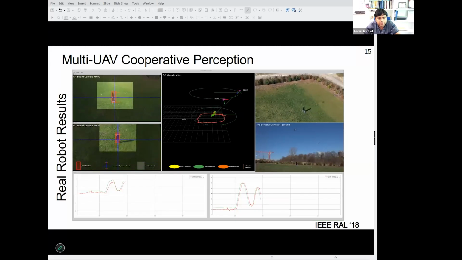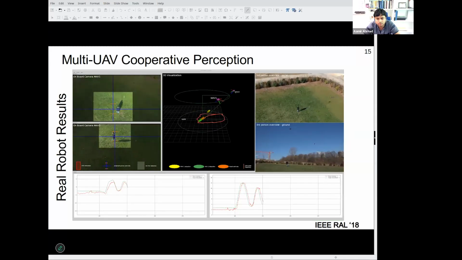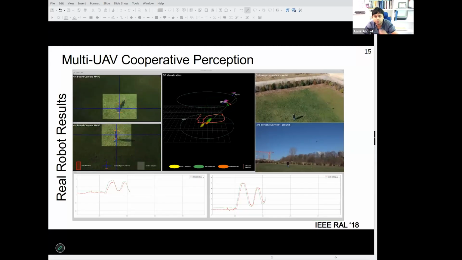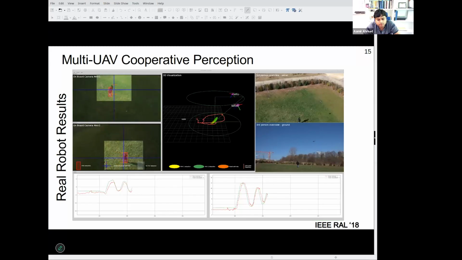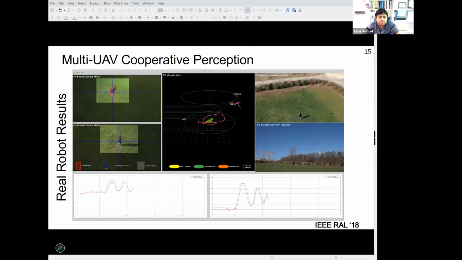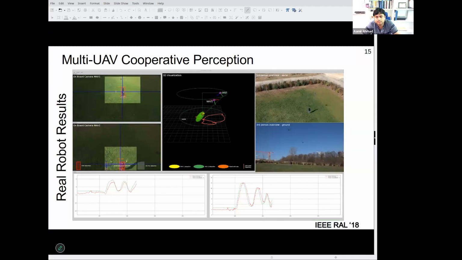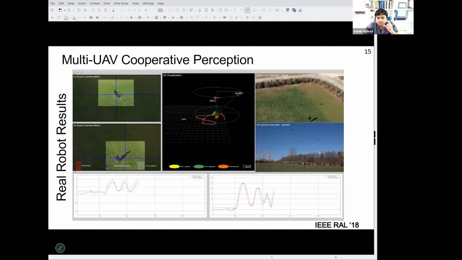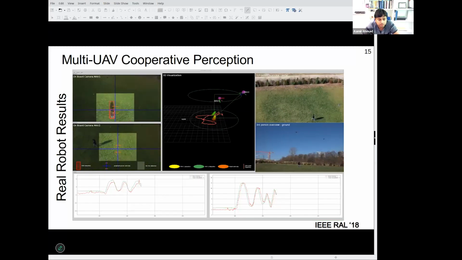For that, we had these MLID Reach differential GPS modules placed on all the drones, and also on the person. That gives the position of the person and the position of the drones. Then we had to manually align the reference frame of the MLID Reach and the UAVs at the beginning of the experiment, to later get a comparison with the reference, or if you want to call it, comparison with the ground truth, right?